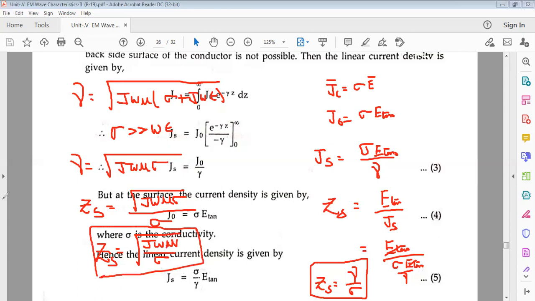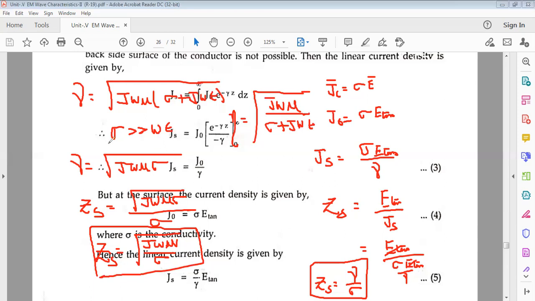Now in this condition, the surface impedance ZS is equal to the intrinsic impedance. Why the intrinsic impedance? You know, eta is equal to under root of j omega mu by the sigma plus j omega epsilon, the formula for the intrinsic impedance.